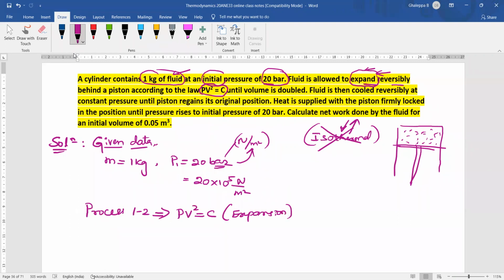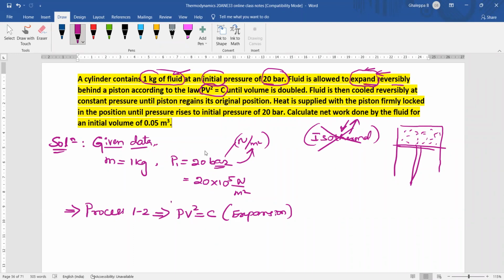So what is the name of the process? Has he given the name of the process? Whether it is isobaric, isochoric, isothermal, or adiabatic or polytropic. Which process is this, process 1 to 2? Isobaric. No, it is not isobaric. Polytropic. It is polytropic. So on what basis are you selecting that it is polytropic?